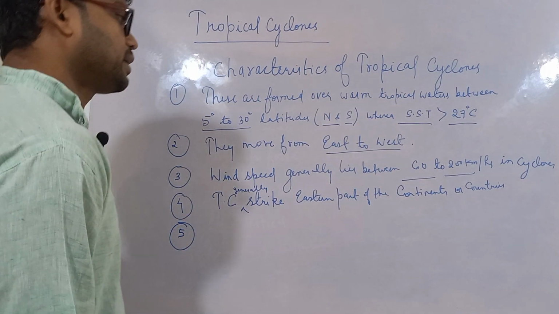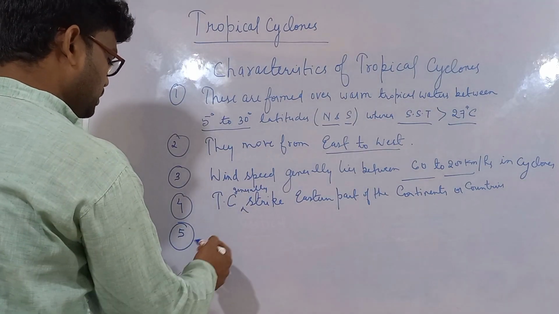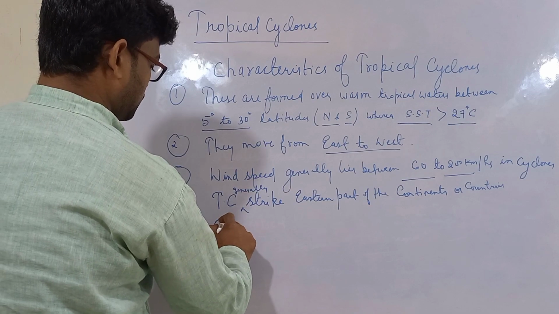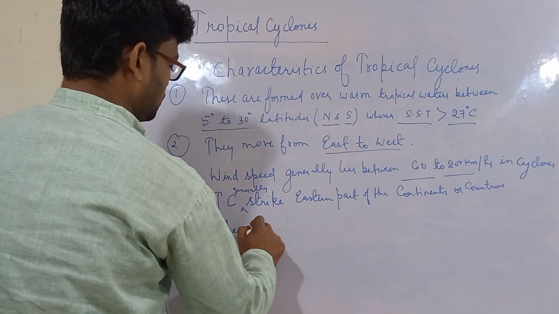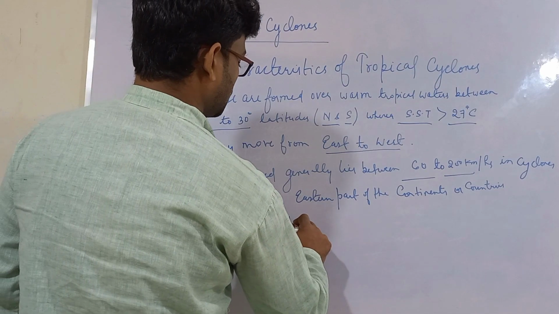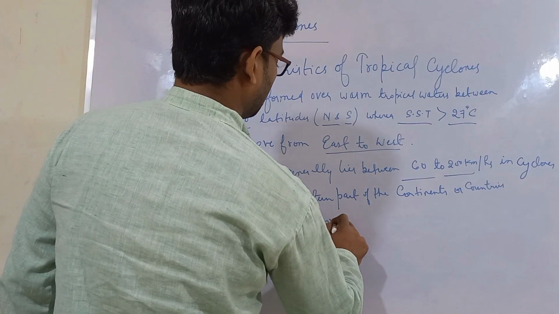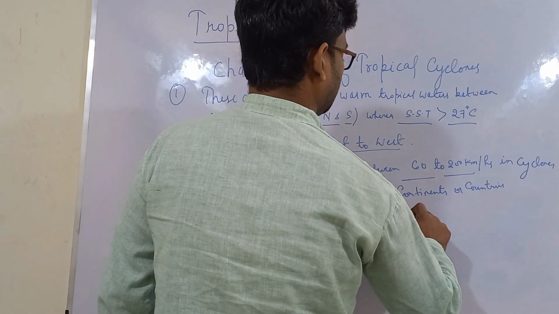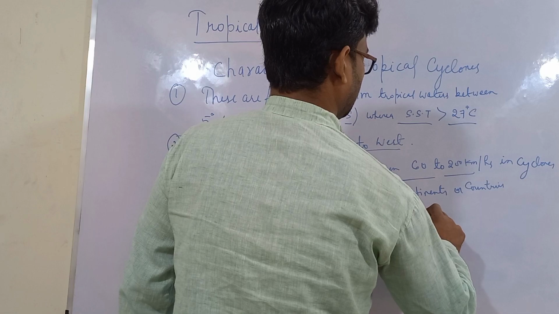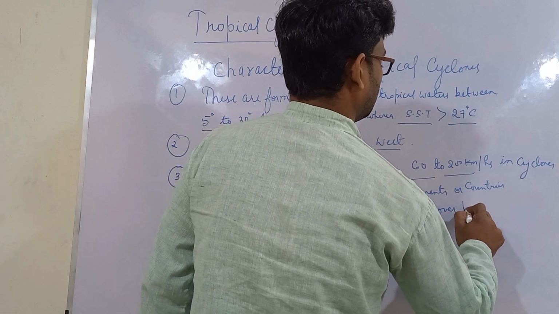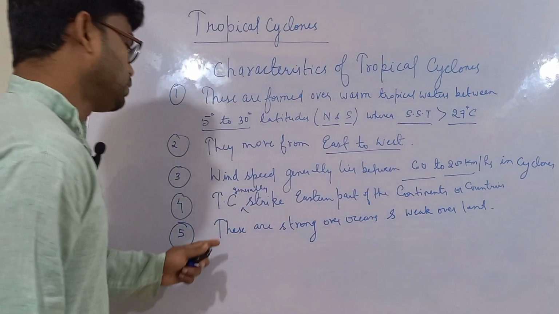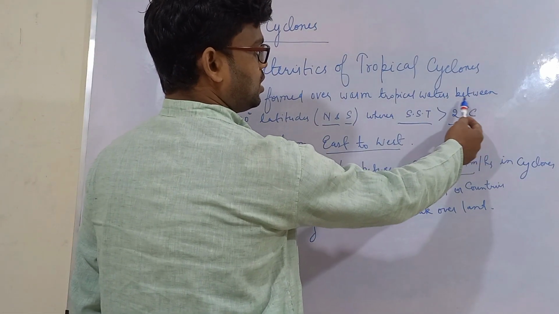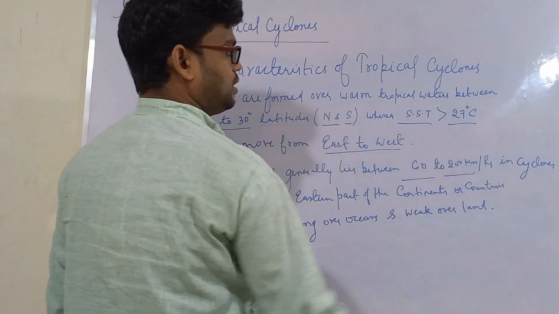Now what is the fifth characteristic? The fifth characteristic is that these are strong over oceans and weak over land. Now we know that the main source of energy for tropical cyclones is the sea surface temperature, or the warm ocean surface, which is 27 degrees centigrade or higher.